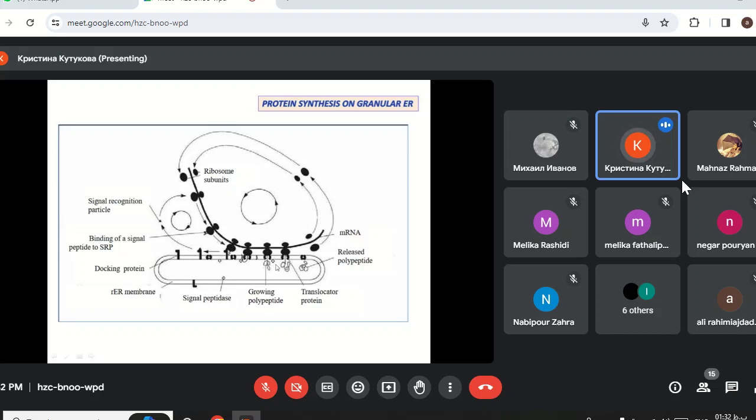So in this case, the protein is now inside this rough endoplasmic reticulum. Then this protein, polypeptide, is chemically changed, and then it can go inside the vesicle that will be detached from the rough endoplasmic reticulum next to Golgi complex.